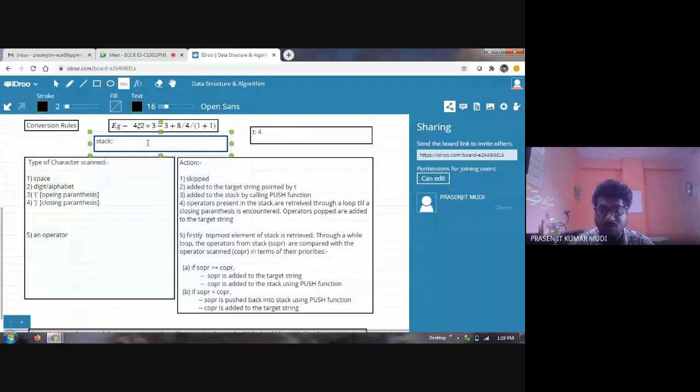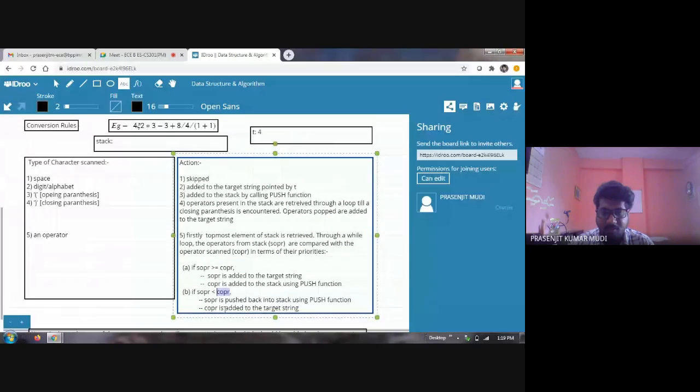There is no such element, so SOPR is null, and this exponential operator is your COPR, the character scanned. COPR is being compared with nothing, so it has higher priority. So COPR is higher, that means this case is satisfied.